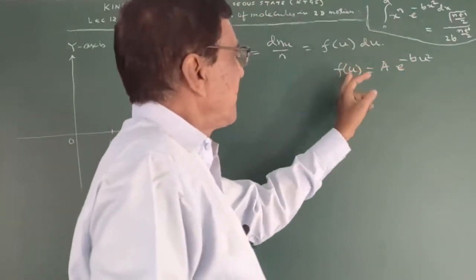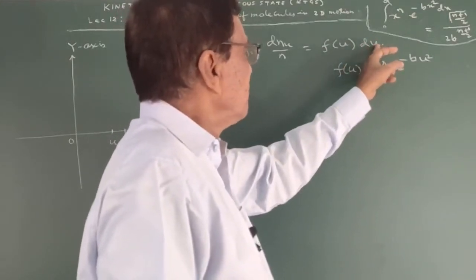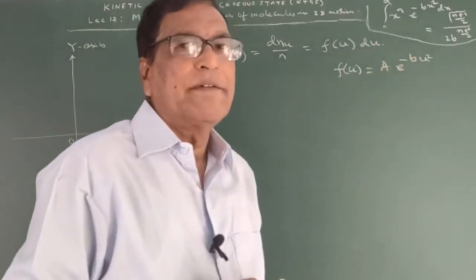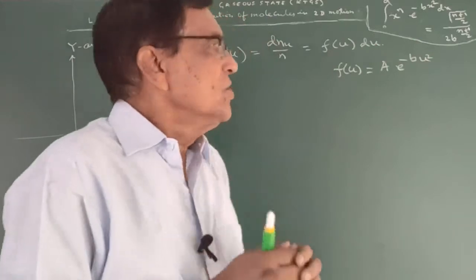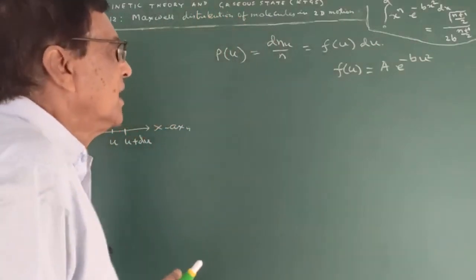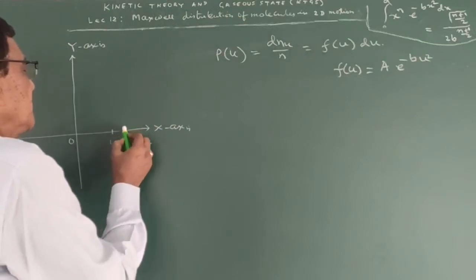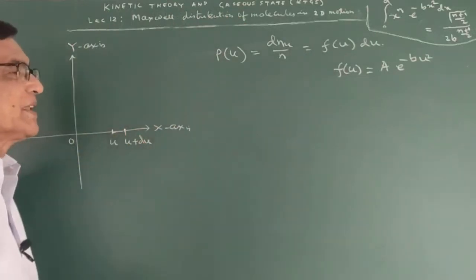It is the fraction. Whenever du is equal to 0, then f(u) is the fraction of the molecules having the x component velocity u. So here this is u, and this breadth is du.